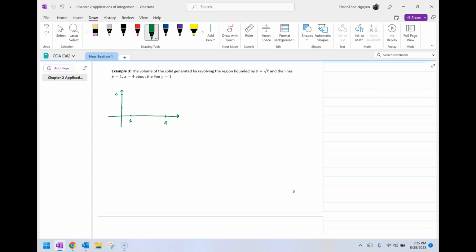And this is not to scale. So this is y equal root x, bounded by the line y equal 1 and x equal 4.